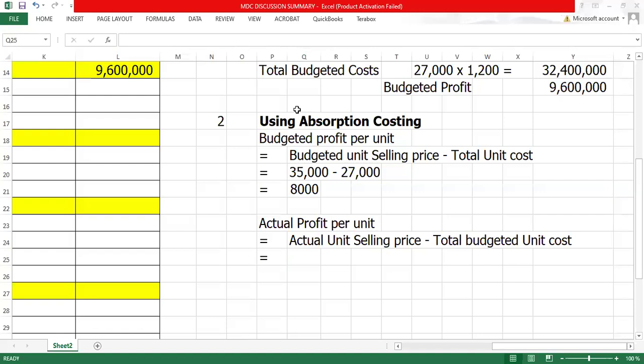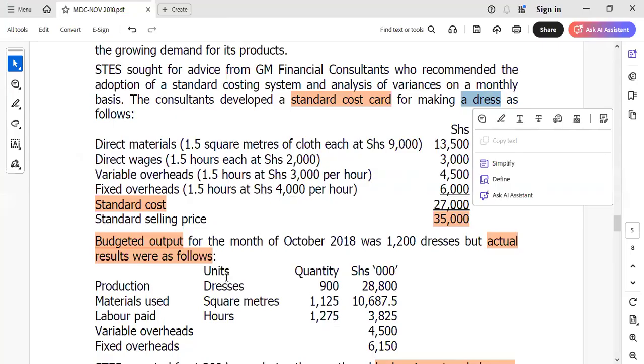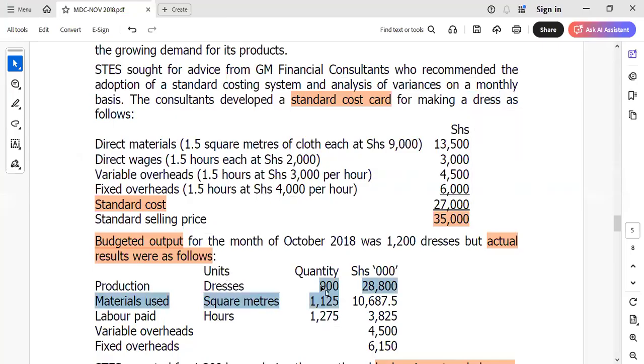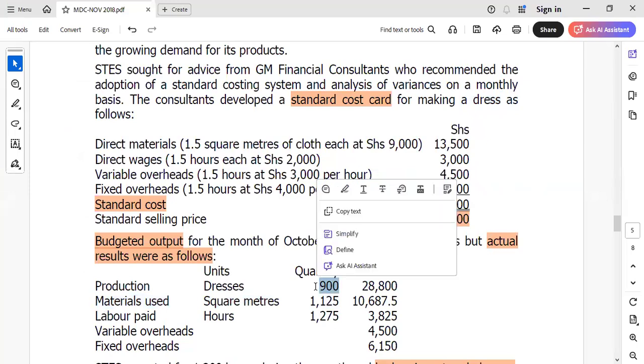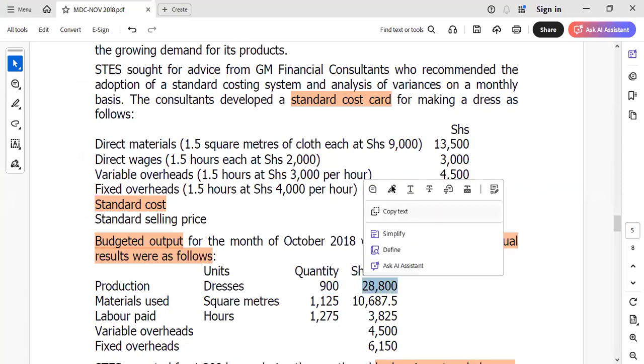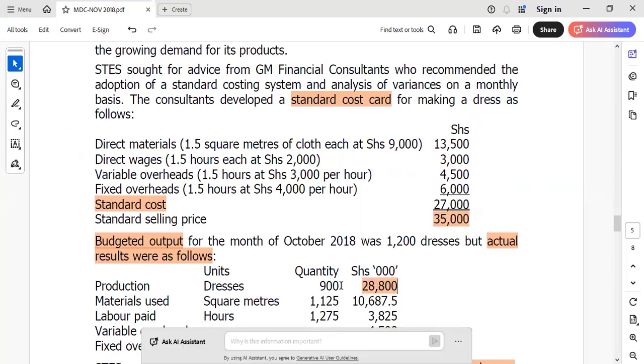At the end of it all, the company sold dresses at how much? They made these dresses and they were in a position to earn this money. So I can get the unit selling price by getting the total revenue over the quantity.